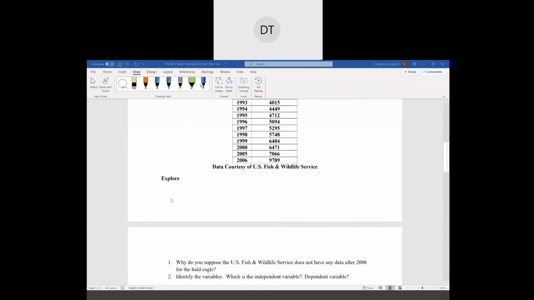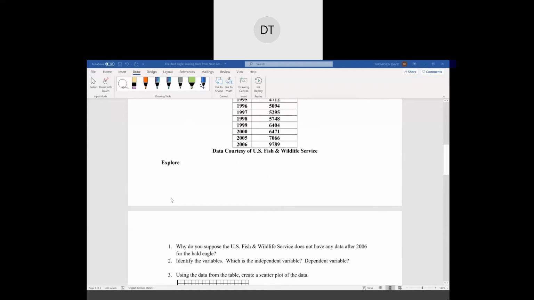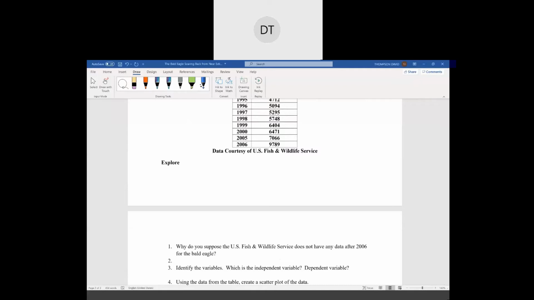So let's answer some questions. Why do you suppose the U.S. Fish and Wildlife Service does not have any data after 2006 for the bald eagle? This is a simple question.